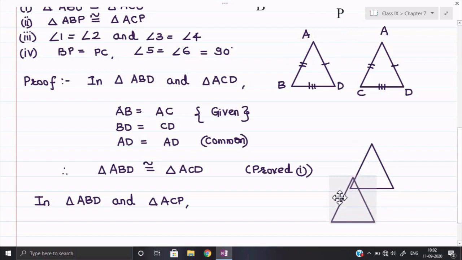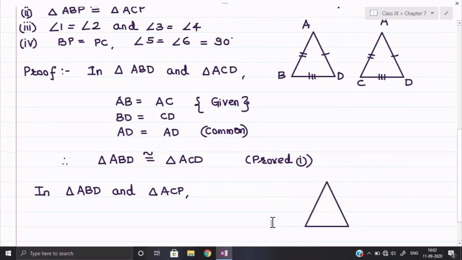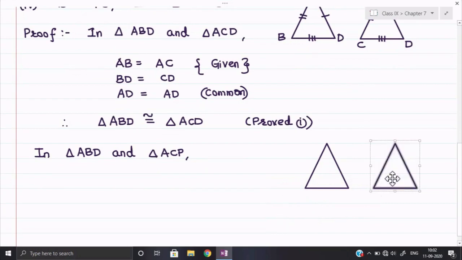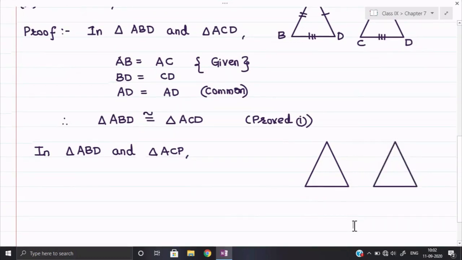Let us paste over here and we shall give the name as ABP and ACP. So let us give the name first.